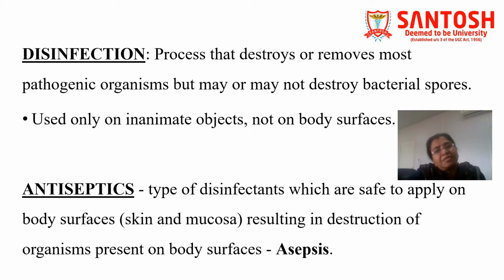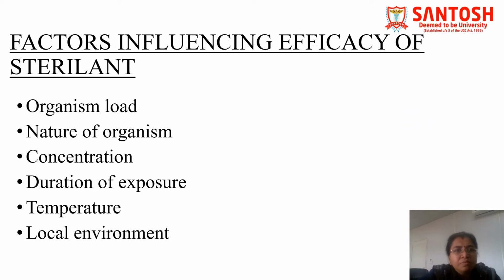Then it will be known as a sterilant. And when disinfection is done on living things or animate objects, then it is known as asepsis, and the material required is known as antiseptics. So I hope the definitions are clear to all.